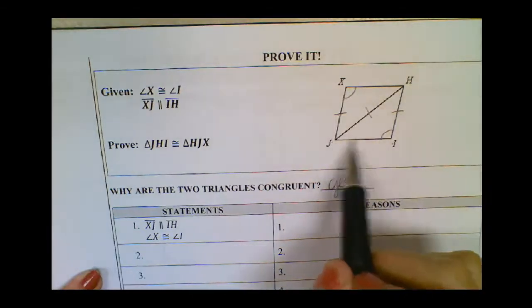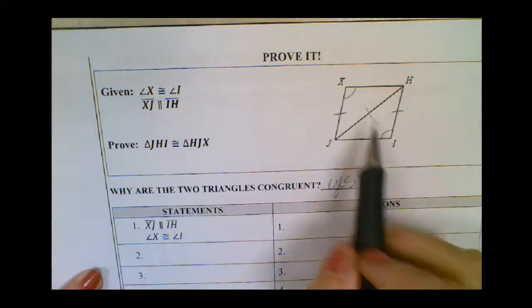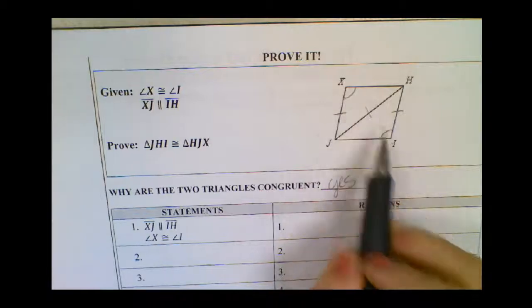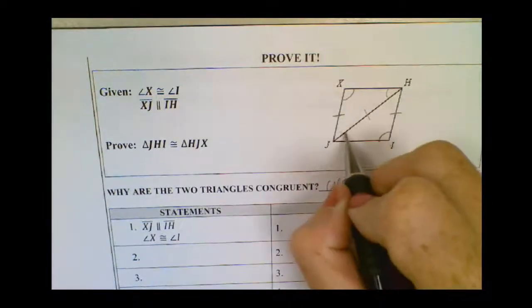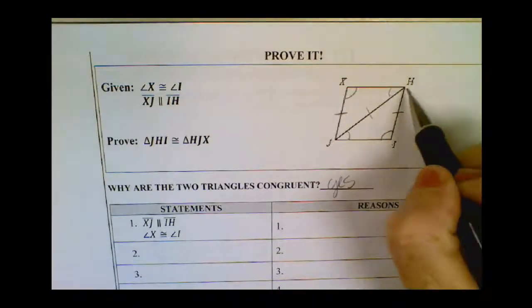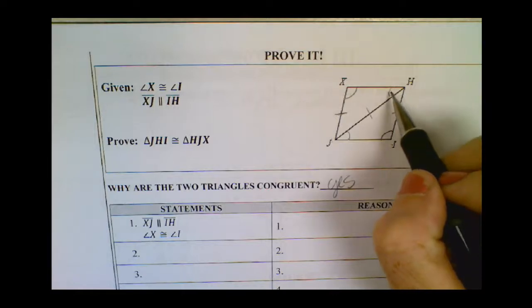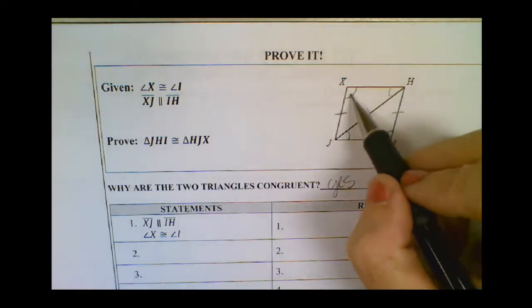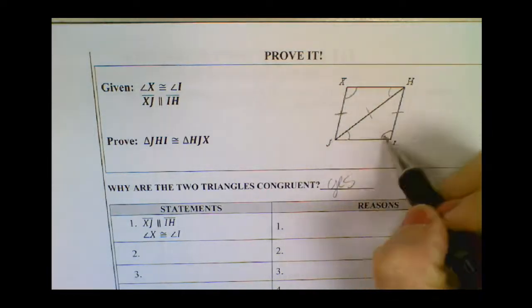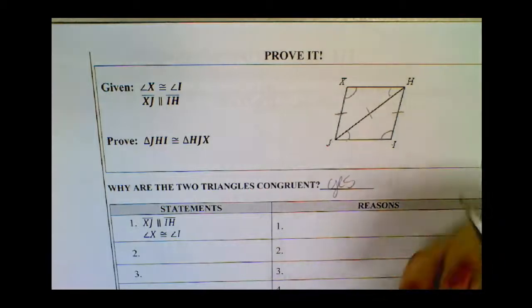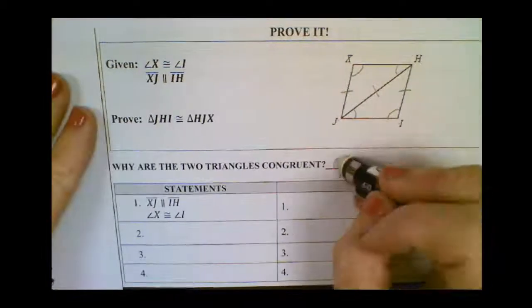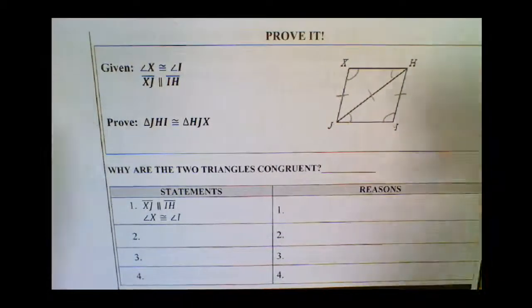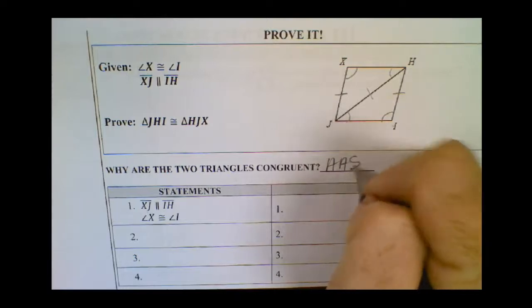We also know that if these are parallel lines, these two angles would be equal, which means that these angles are also equal. So we have an angle and a side, an angle and a side. So let's write that out and say that they are congruent by angle, side.